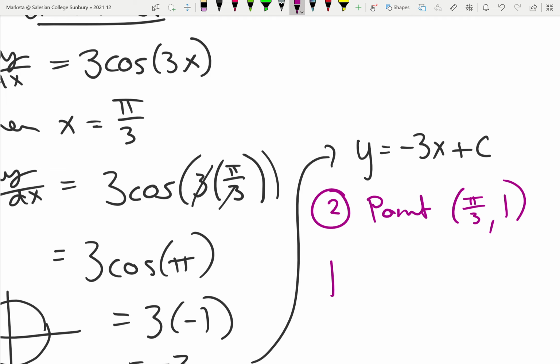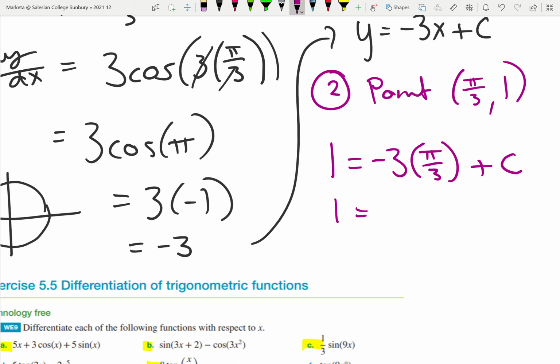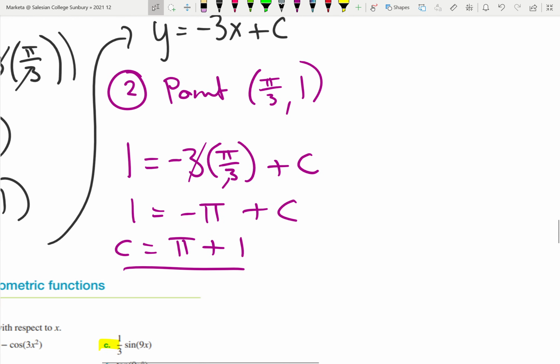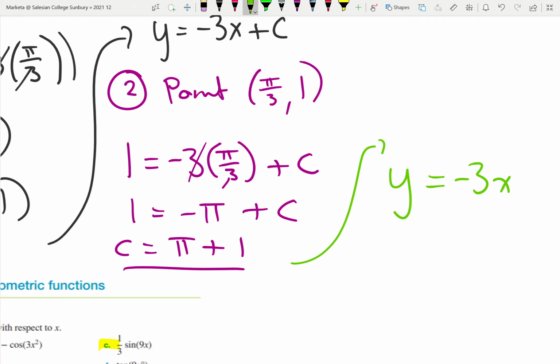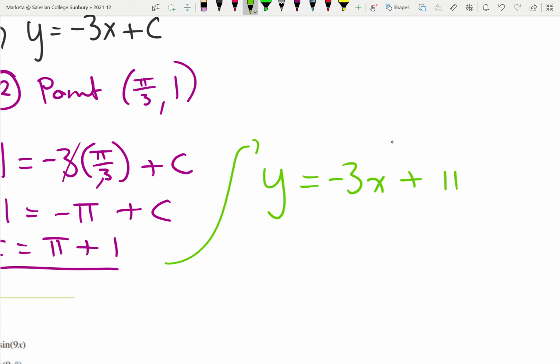So I'll sub that in. 1 equals -3 times pi on 3 plus c. 1 equals, this will cancel, negative pi plus c. c equals pi plus 1. So it looks a bit weird, but that's fine. It's not just a constant, which we often will find. But now we can say, therefore, y equals -3x plus pi plus 1.